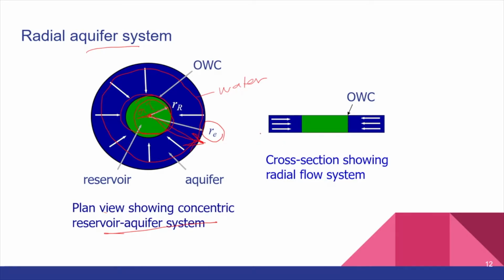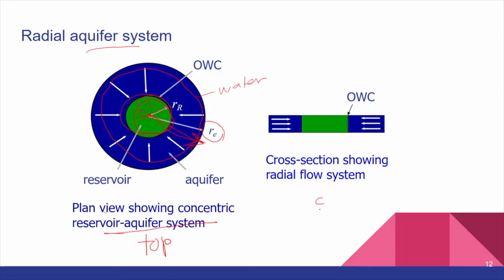For a linear reservoir, it's simple. This is the cross section from the side. This is if you look from the top, and this is if you look from the side.